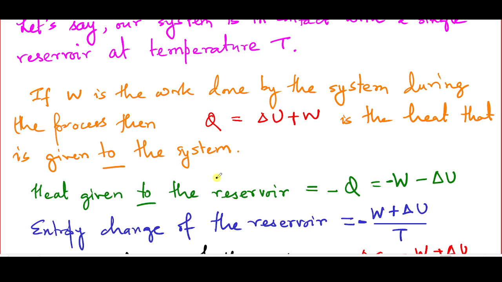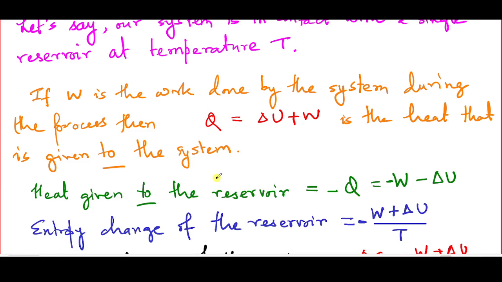The idea here is that we can always think of a process in which the same amount of heat was given to this reservoir reversibly, and in that process, of course, the change in entropy would be minus W plus delta U by T, and since entropy is a state function, it does not matter how you did it.